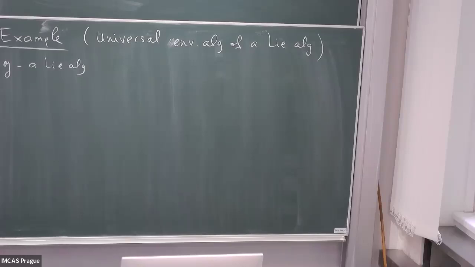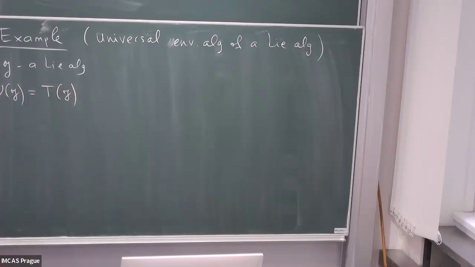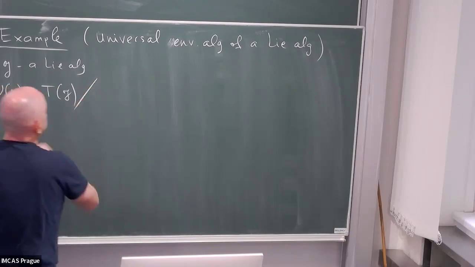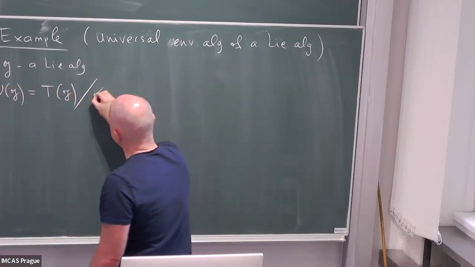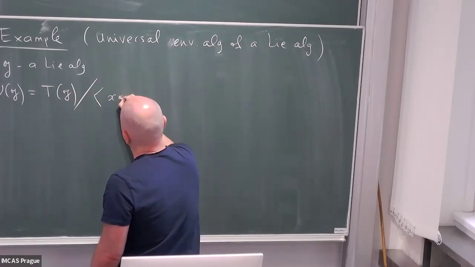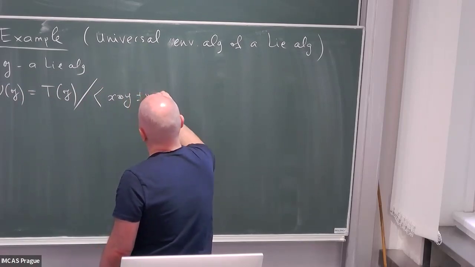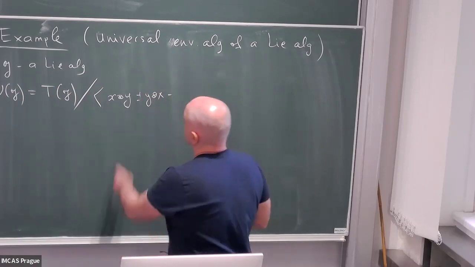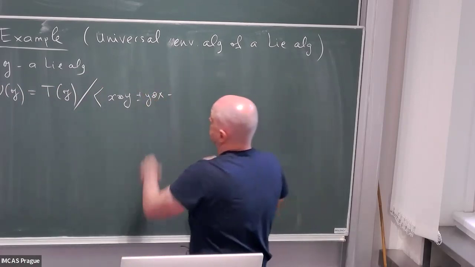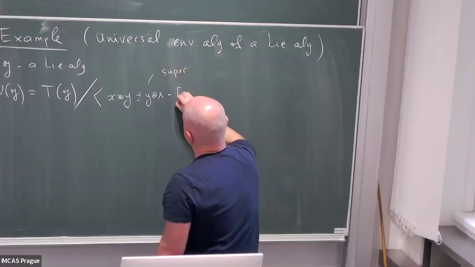Then, well, everyone knows that we can construct an associative algebra U(g), which is defined as the quotient of the free algebra T(g) divided by the two-sided ideal generated by elements of the form X tensor Y plus or minus Y tensor X, which depends on whether we have a super case or not. So there can also be the sign property in the super case, minus XY.